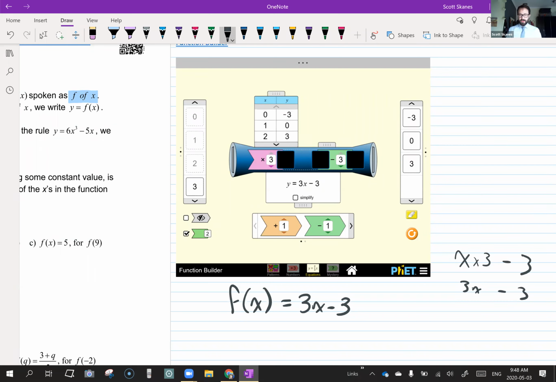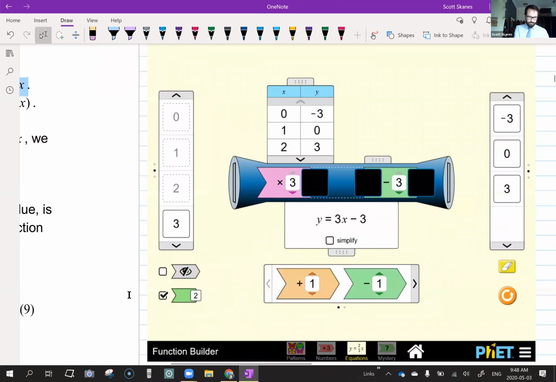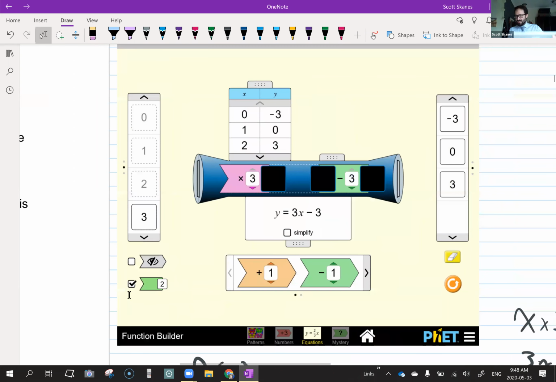And then what do you think's behind door number 3? What's behind door number 3? Anyone have any guesses? That's a 6. No, what I mean is the graph.